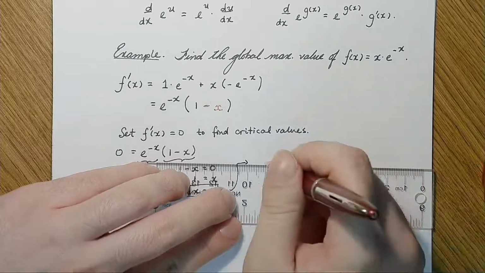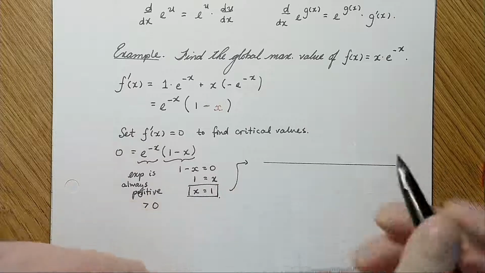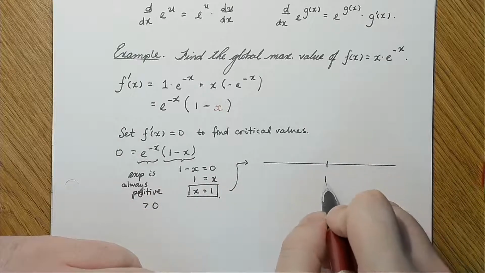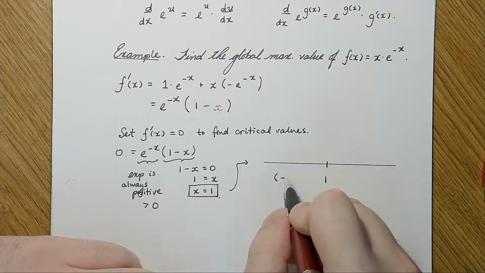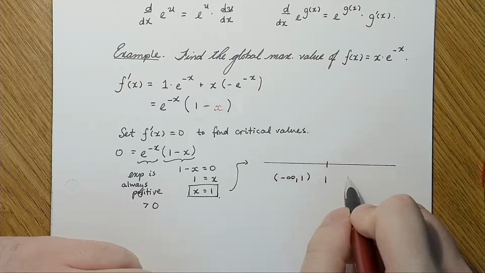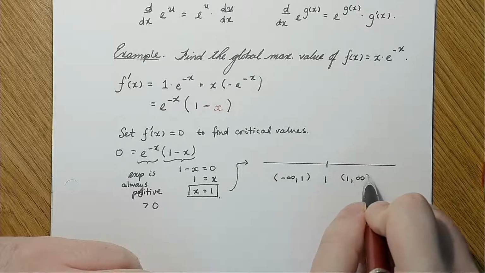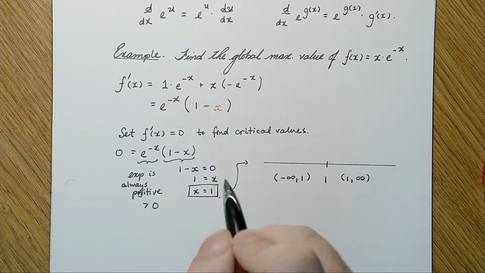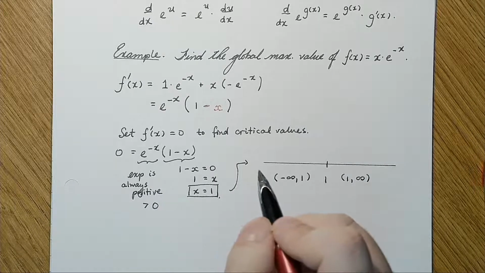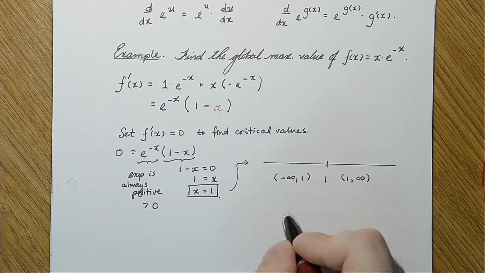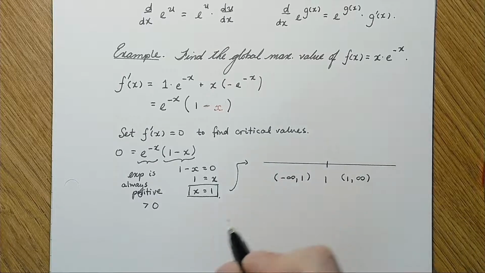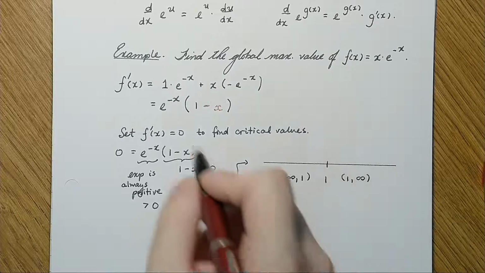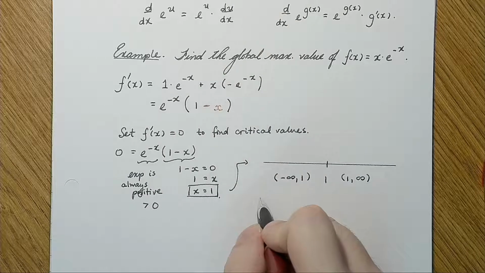So just continuing on our analysis on this side right here, I'll have 1 here, and then I'm going to go from minus infinity to 1, and from 1 to infinity. So with my first derivative here, I can pick a value, say something like 0.